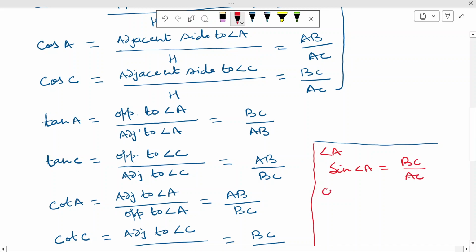Now, similarly cos of angle A is AB over AC. So, this is given here.